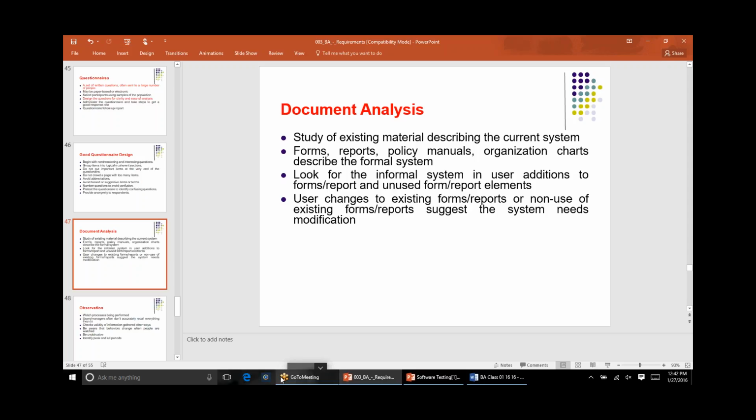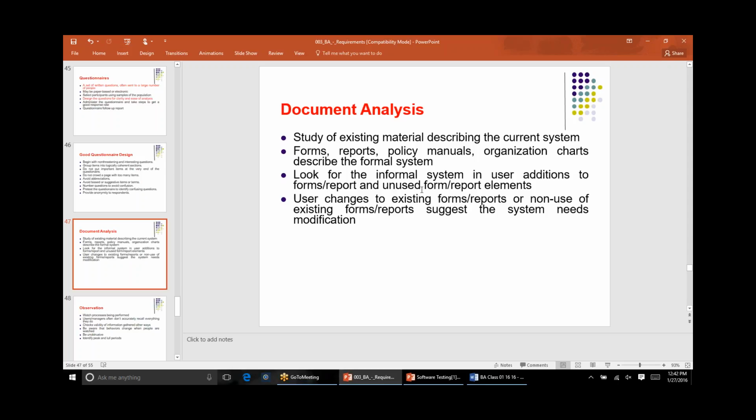Understand the organization chart. How many people work in this company? Who is the head of sales? How many sales managers? Sometimes that is also important to understand in designing the system, whether we are designing the system for 20 people or 200 people or 2000 people. There could be different design parameters.